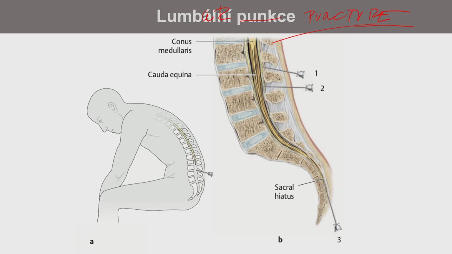You can take a sample of cerebrospinal fluid, which is very important in some diseases, typically inflammations, and when a patient has symptoms of meningitis, they take a sample to assess it. Also take a sample now for some molecules which are typical for multiple sclerosis. Today also tau proteins, typical for Alzheimer's disease, etc., because cerebrospinal fluid is a very important source of information from biochemical analysis.